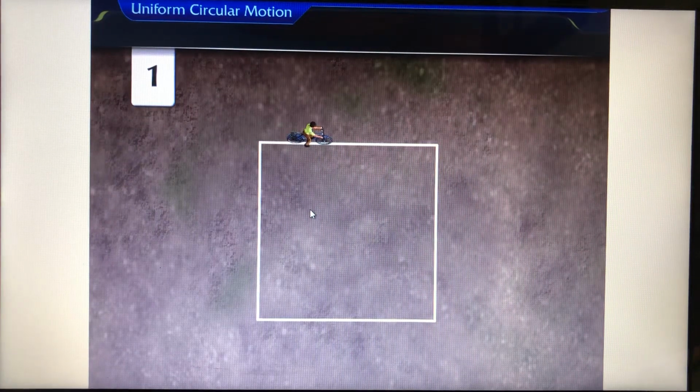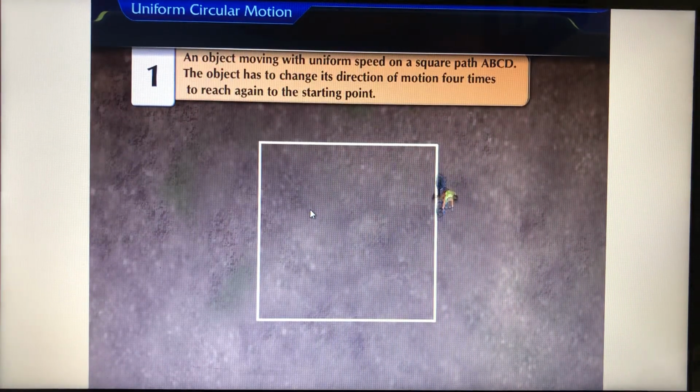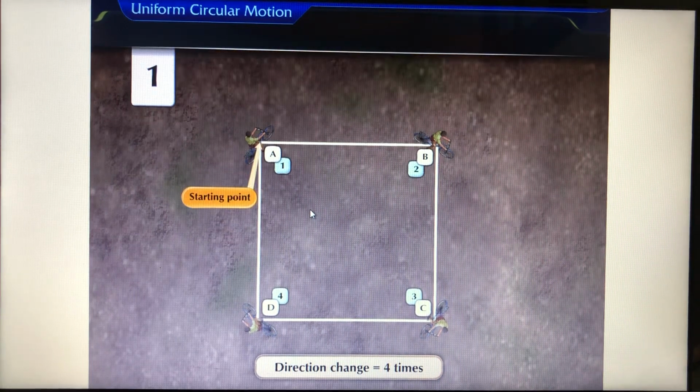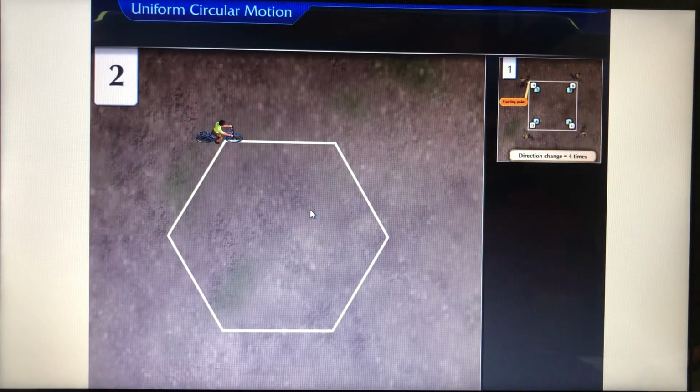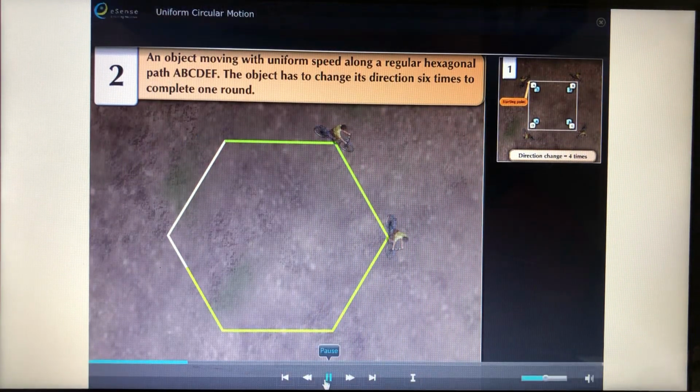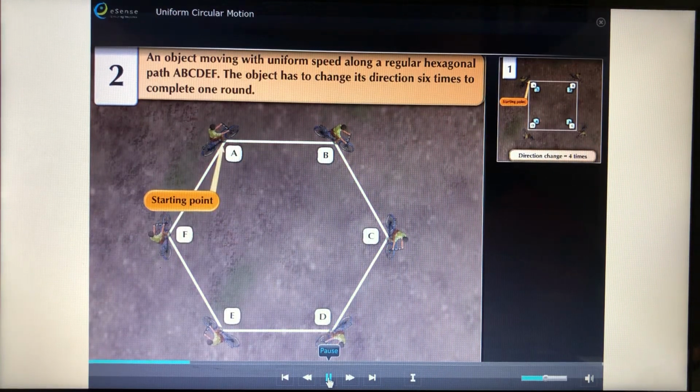Let us consider an object moving with uniform speed on a square path ABCD. The object has to change its direction of motion 4 times to reach again to the starting point. Now let the object be moving along a regular hexagonal path ABCDEF.